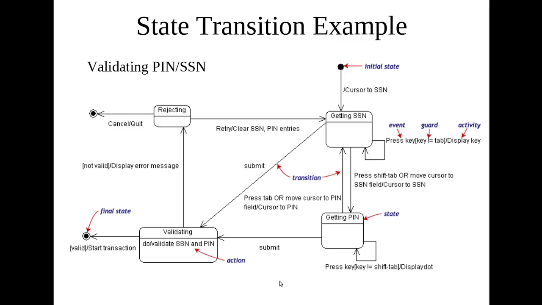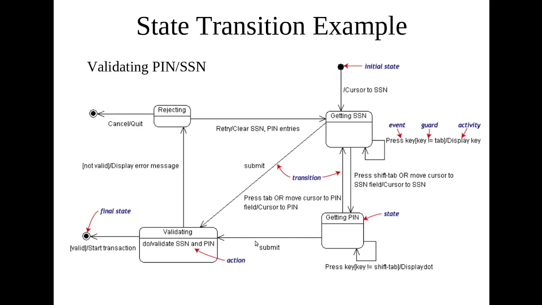Here again you can see another example, PIN verification. We start and come here, we press some keys, and we remain here on these events. On another event, whatever event it is, we go to another state. There also, with some event we keep doing something and remain in the same state.